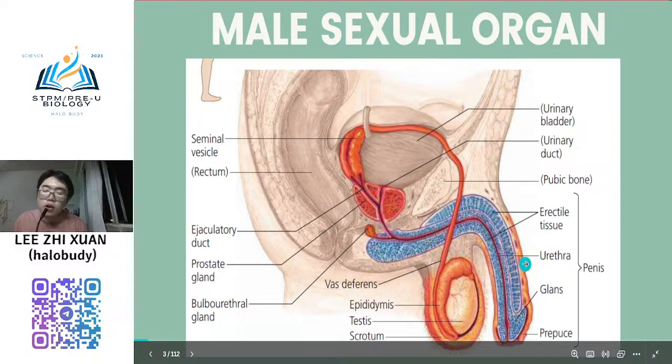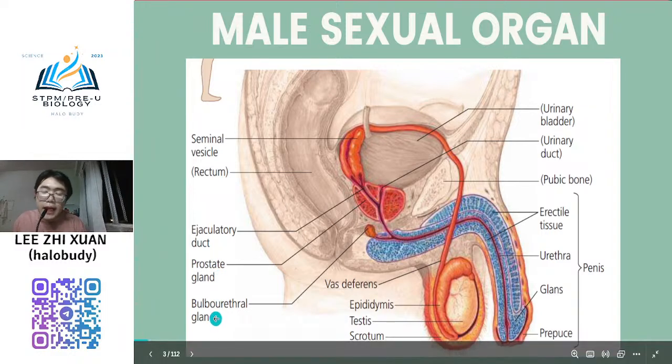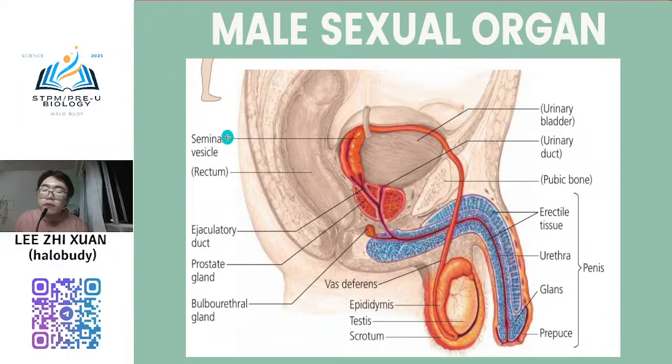In male, we also have the penis, urethra, the ejaculatory duct, prostate gland, and bulbourethral gland, and also the seminal vesicle. All of these are unique characteristics found in the male sexual organ.